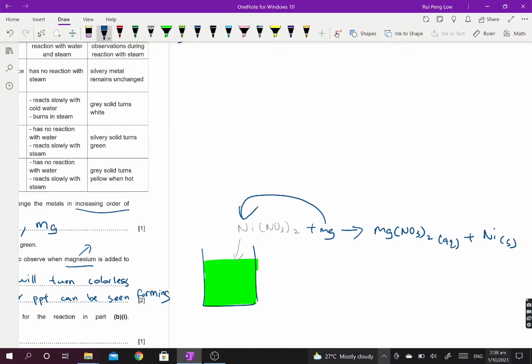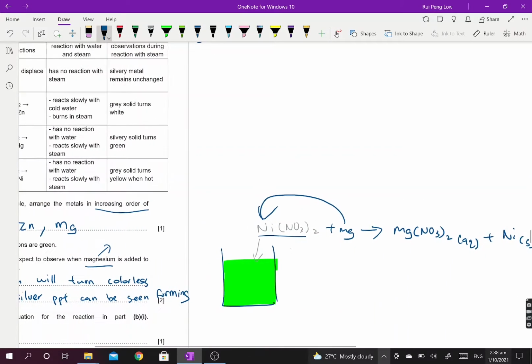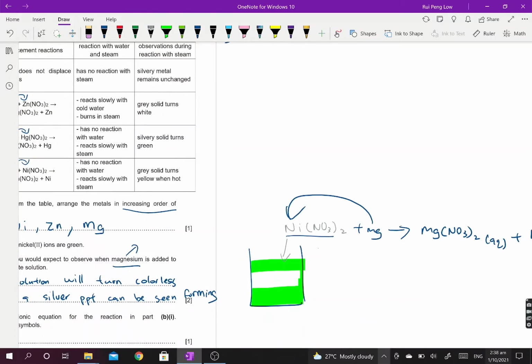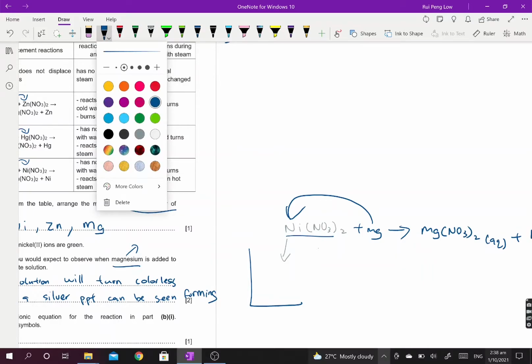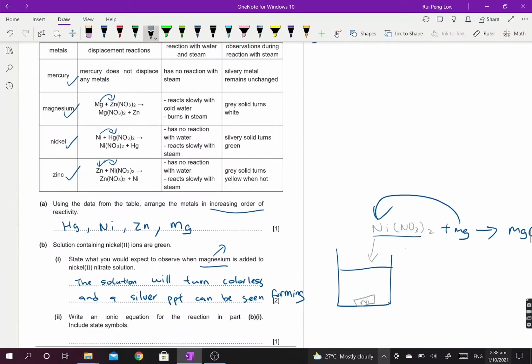So remember this solution is green. When magnesium displaces the nickel, this solution now becomes magnesium nitrate instead of nickel nitrate. And magnesium nitrate is colorless, right? So what you observe is that it slowly turns pale, and then you will observe nickel metal forming. That's what my answer is trying to say.